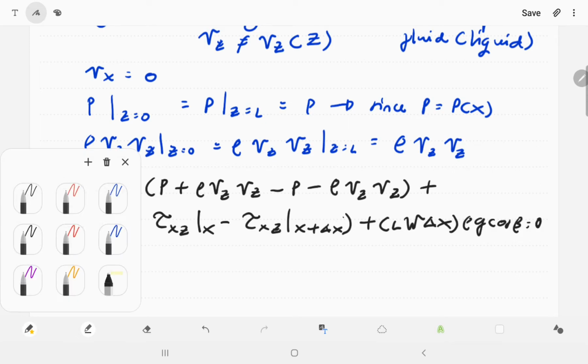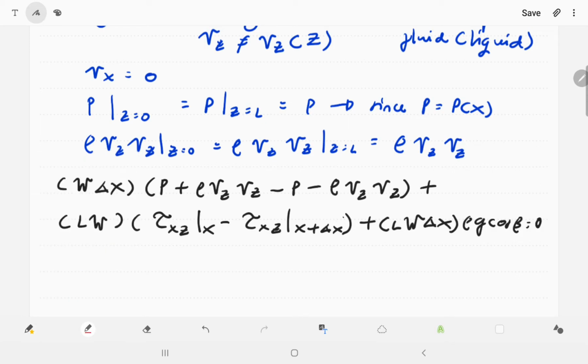Now what can we inspect from here? This one can be crossed with this one, and this one can cross with this one. Okay, so this one cross with this one cross with this one.